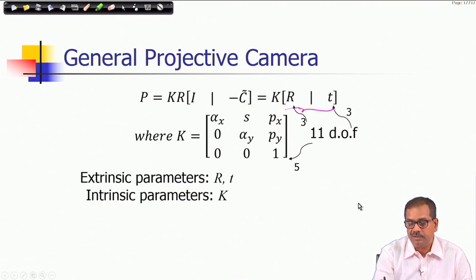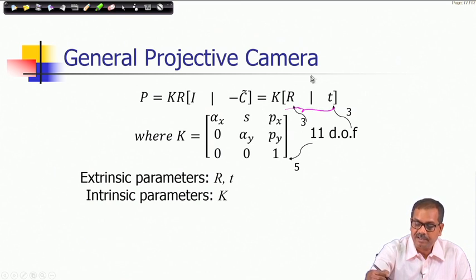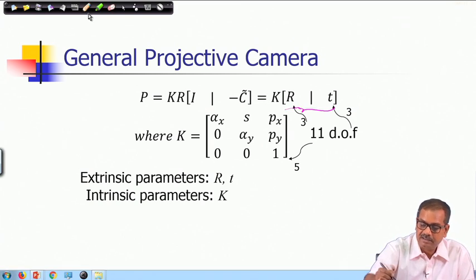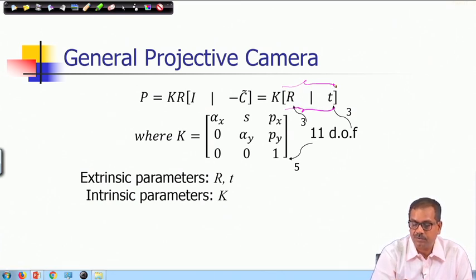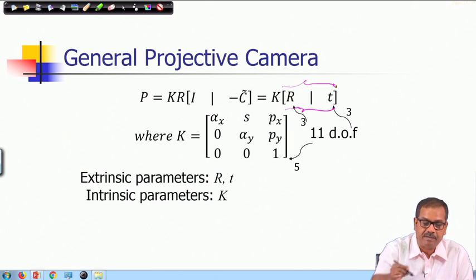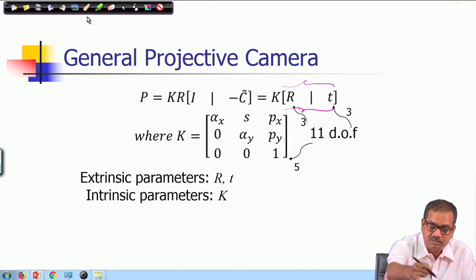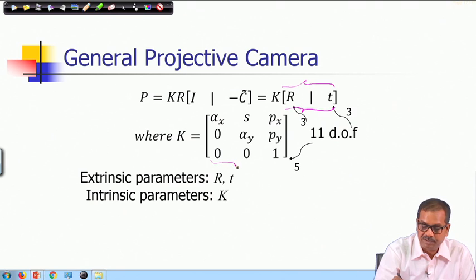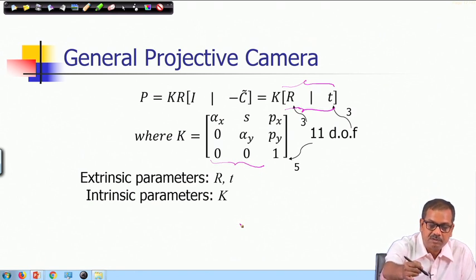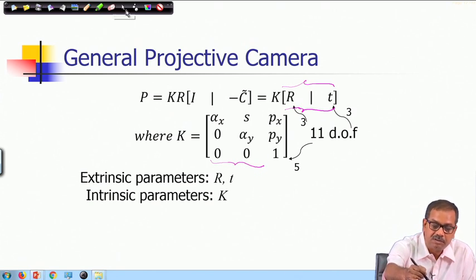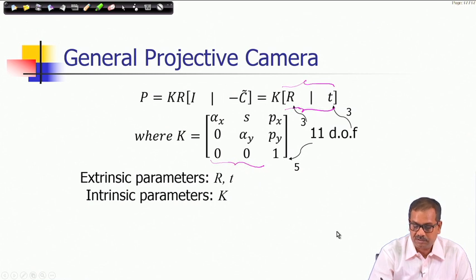Out of them, the extrinsic parameters, which are related to the transformation of world coordinates to the camera-centric coordinate system, are given by the right side 3 cross 4 matrix, and the intrinsic parameters are inside the camera calibration matrix. So, these 5 parameters are called intrinsic parameters.